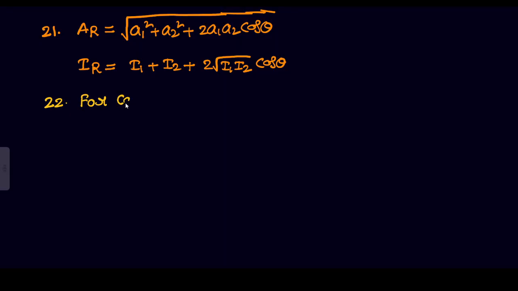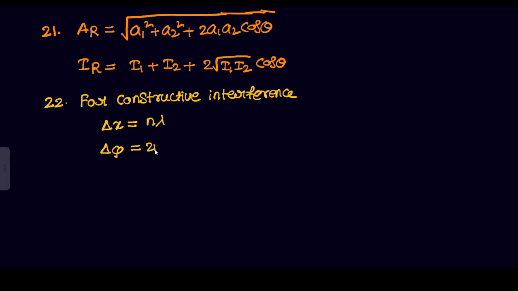And for constructive interference, the condition is what, tell me now? Constructive interference. How much is the path difference? Path difference delta x is equal to n lambda. Phase difference is how much? 2n pi.